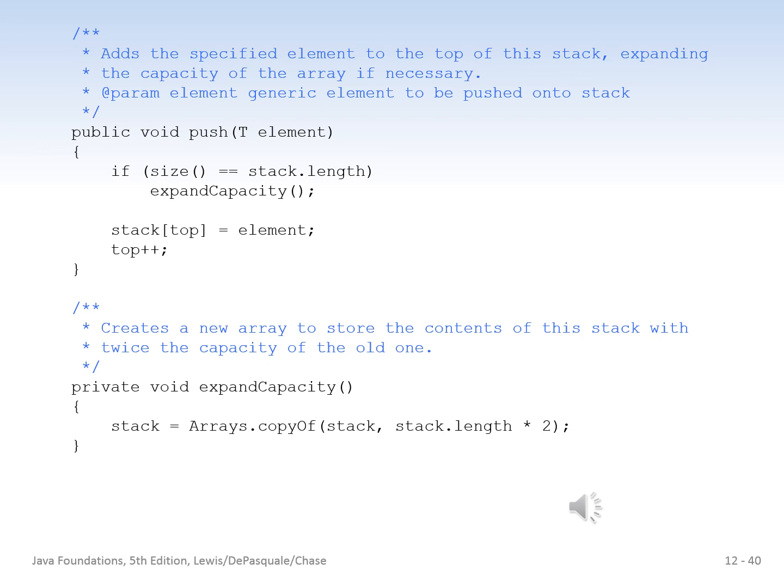So in the push method, we have a generic element as the parameter being passed to push, and if the size of the underlying stack, which is the structure supporting the underlying array, is equal to stack.length, then we call the method expand capacity. And what expand capacity does is just copy the stack to a new stack that's double the length.